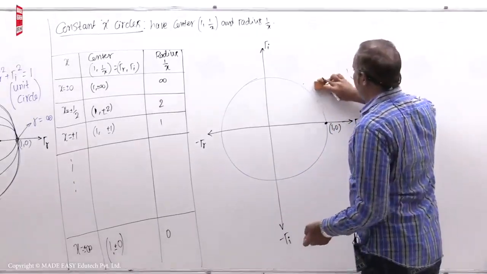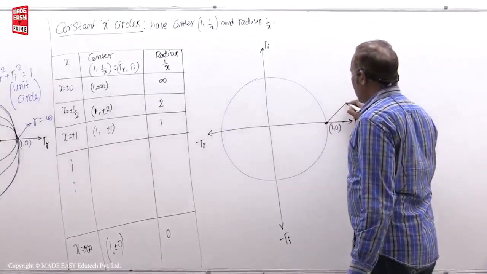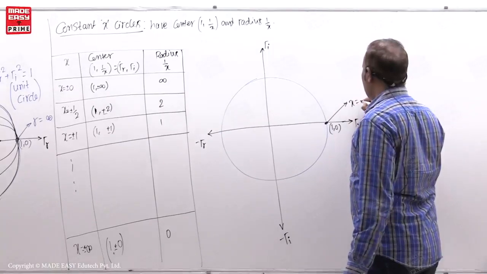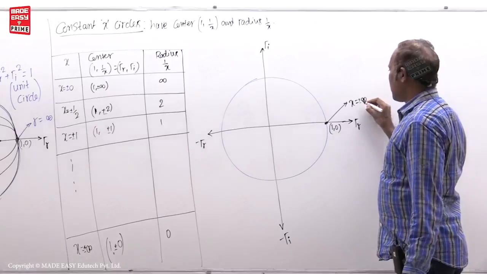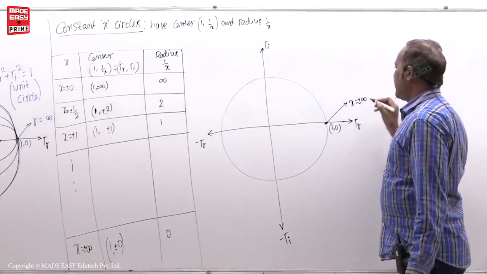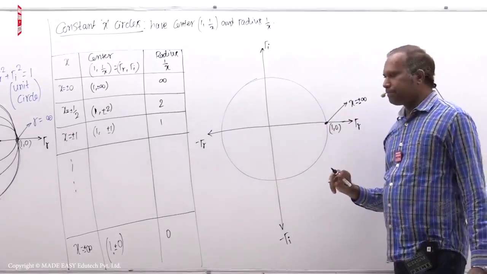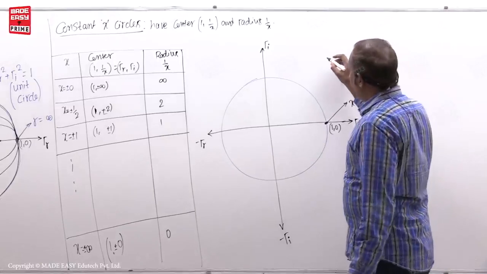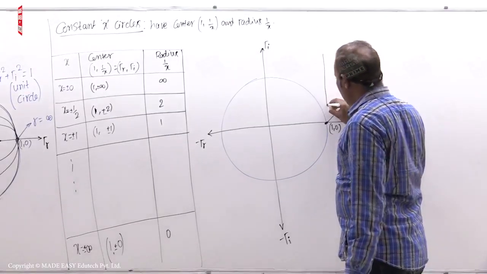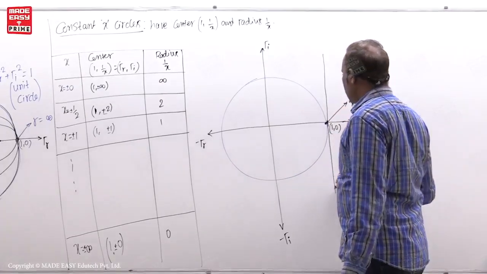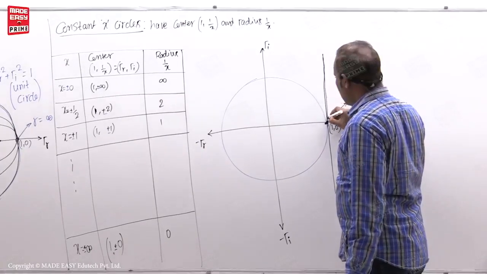So anyway, for the time being I am removing this because I want to write something here. So this one is actually x is equal to infinity, and plus minus infinity also this one. That means, as I was telling you, this is the open circuit point actually. Now I will draw one line like this, passing through this point.